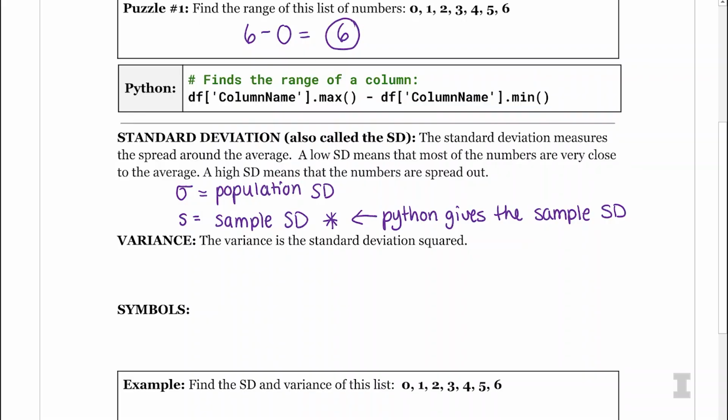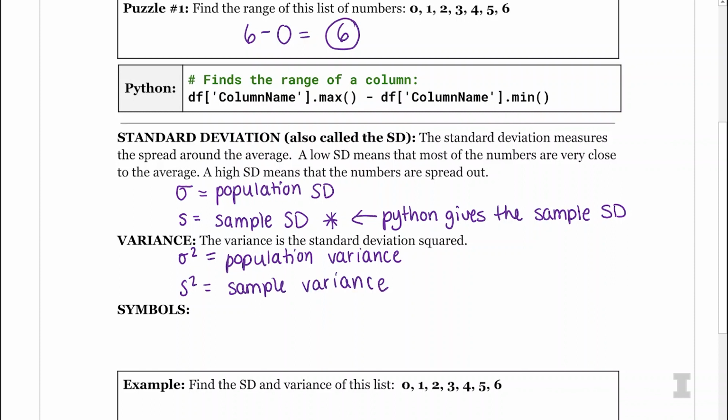I do also want to mention our third measure of spread right now, which is variance, because the variance is basically the standard deviation squared. For our symbols, we can use sigma squared to represent the population variance, and then we can use the little s squared to represent the sample variance.